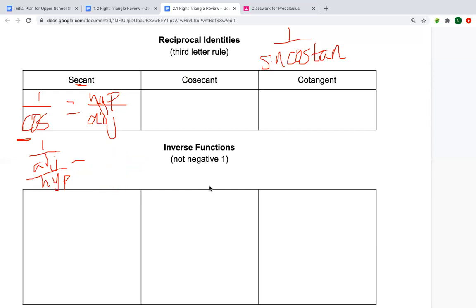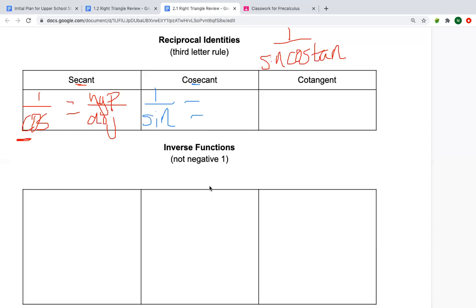Okay, so then following the same third letter rule, the third letter here of cosecant is S. So that tells me it's 1 over S or 1 over sine. So in the same idea, you're just going to flip the sine fraction.